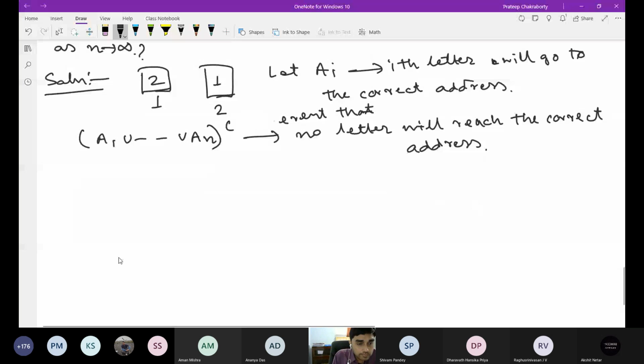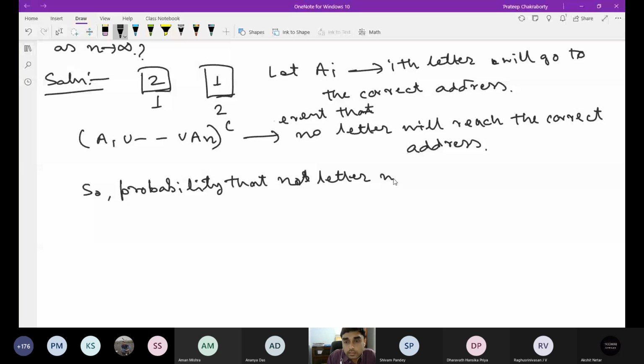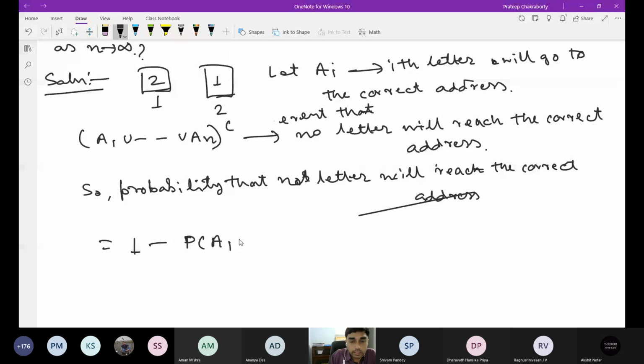So the probability of the event that no letter will reach the correct address is equal to 1 minus P of A1 union AN. So this much you are very much correct up to this much.